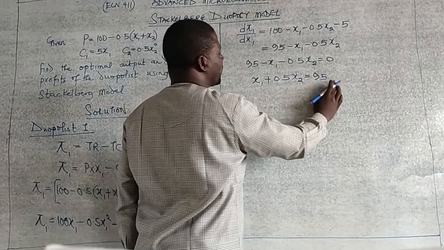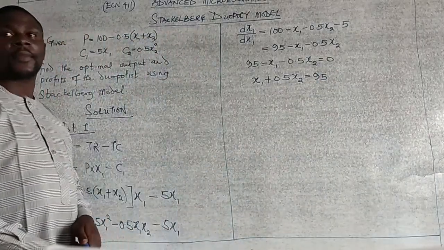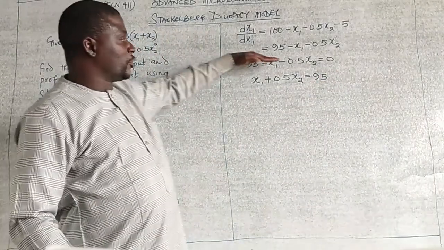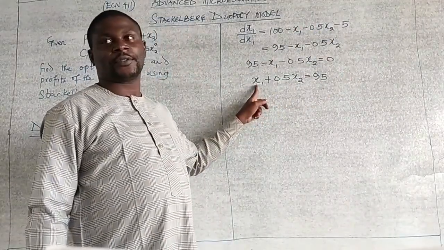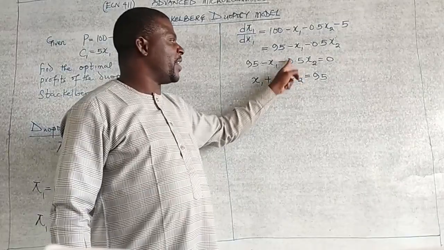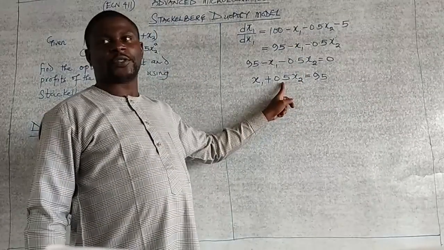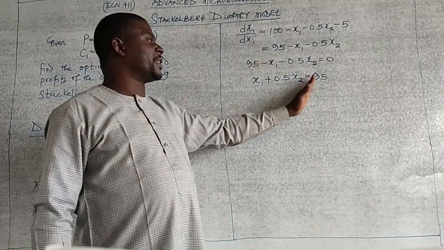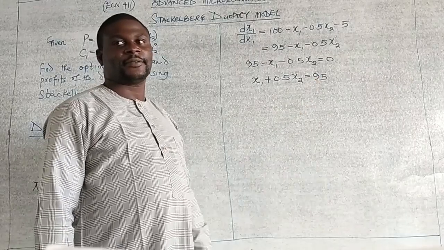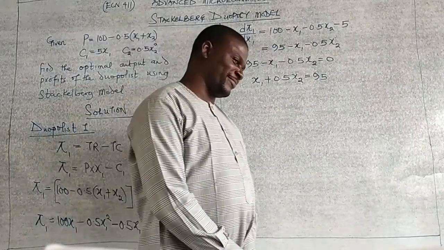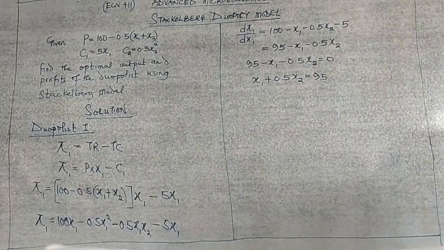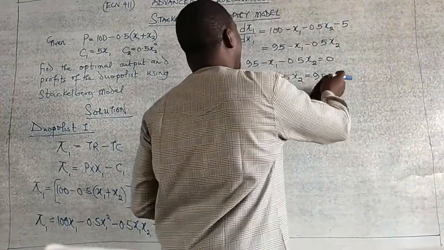Do you agree? If I equate this to 0, minus x1, if you bring it here, changes to plus. Minus 0.5 x2, if you bring it here, changes to plus, then 95 is still at this side. Who is not clear with this?